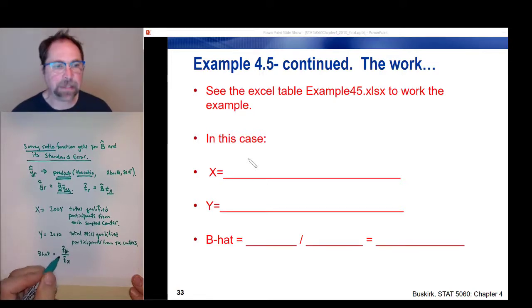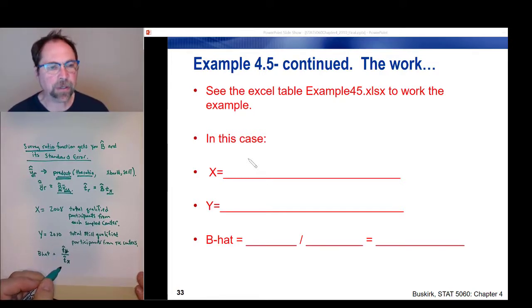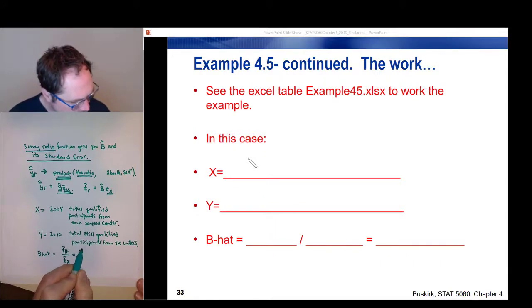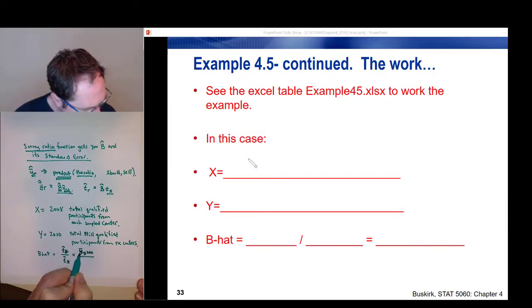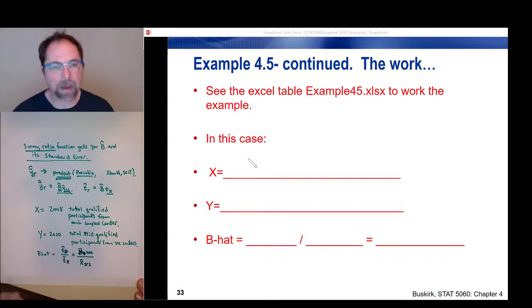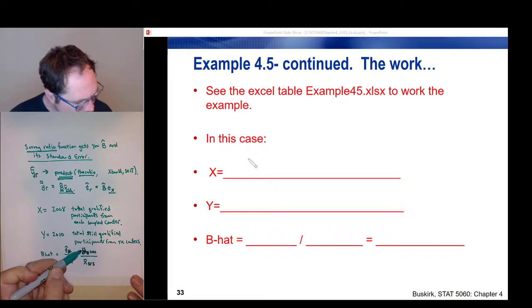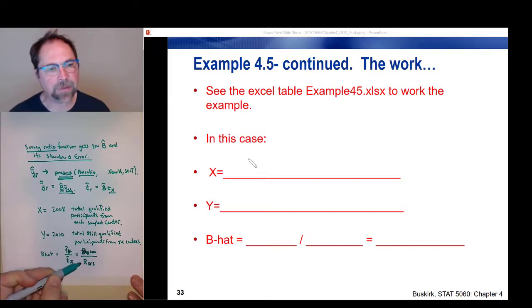These are sample estimates that you got in your simple random sample, which is the same thing as y bar from the SRS divided by x bar from the simple random sample that you have on the previous page. So again, you can take the sample mean on the y variable divided by the sample mean on the x variable.